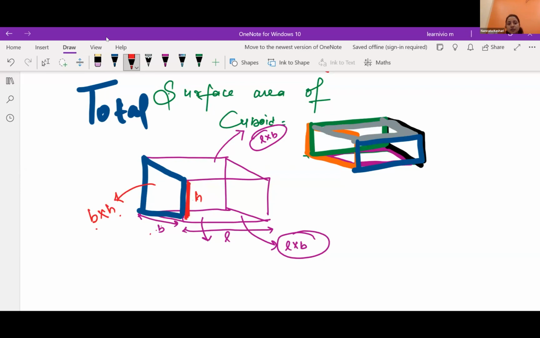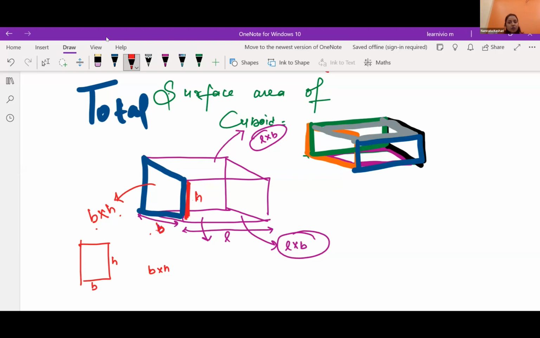Are you getting it? Even if the rectangle is standing and I say this side is B and this side is H, area will be B into H. A rectangle is a quadrilateral where opposite sides are the same in length. There are two pairs of parallel and equal sides.